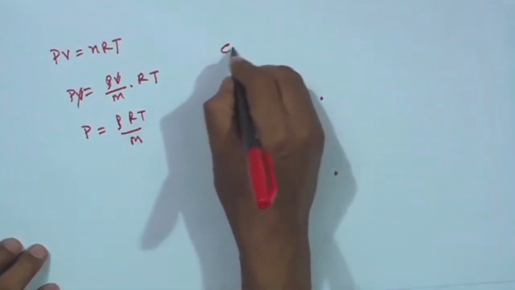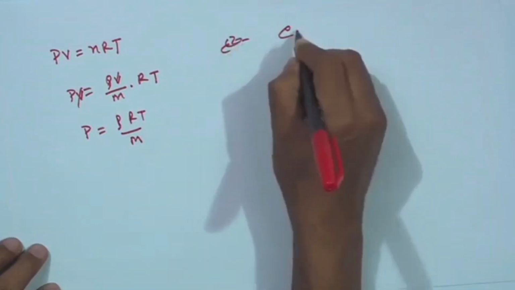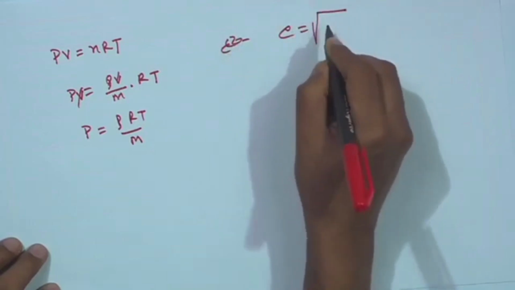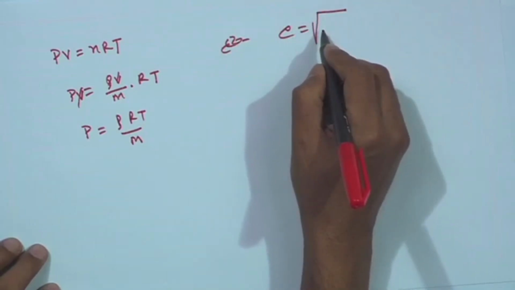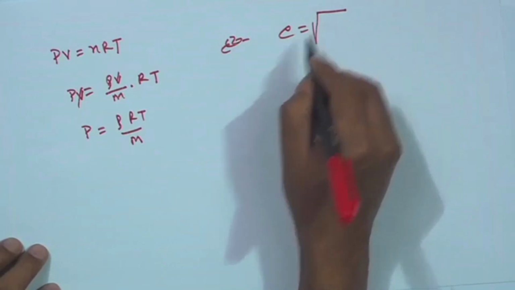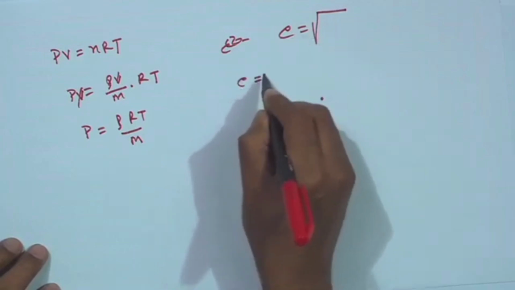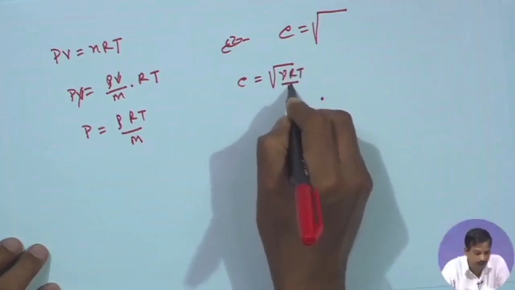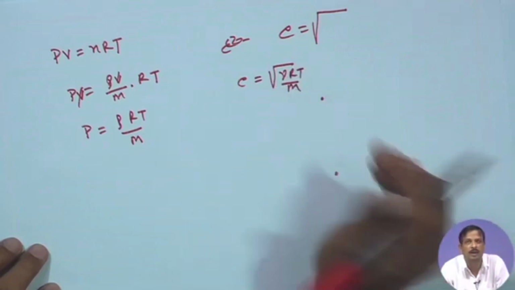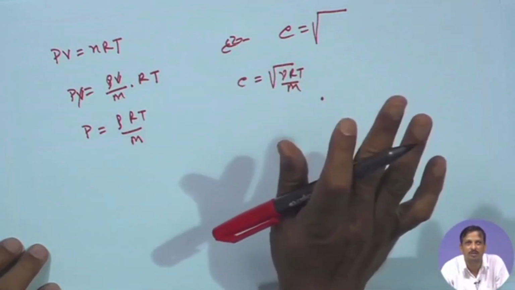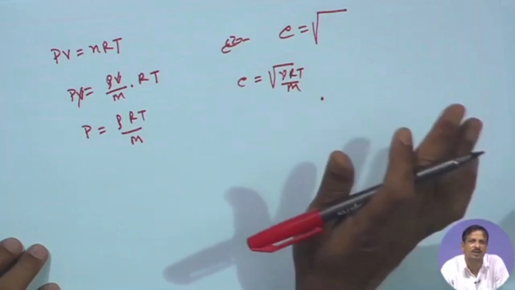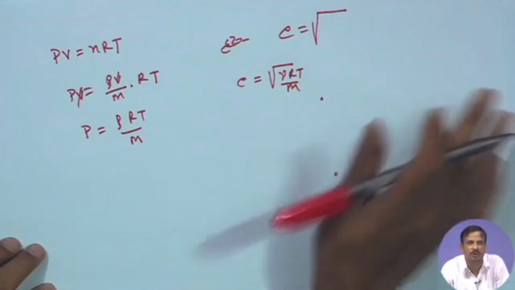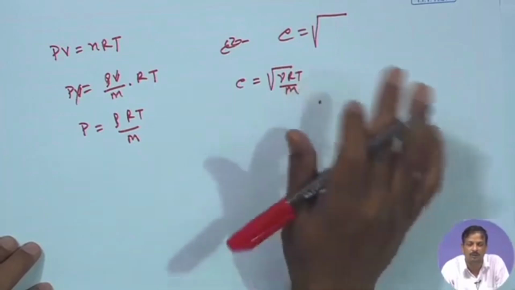Now, you know c squared, where c is the square root of bulk modulus divided by density. So instead of that I can write c is equal to root over gamma R T by m. I am not deriving that one; you can derive it from the adiabatic pressure condition, and if you require, you can see the book.